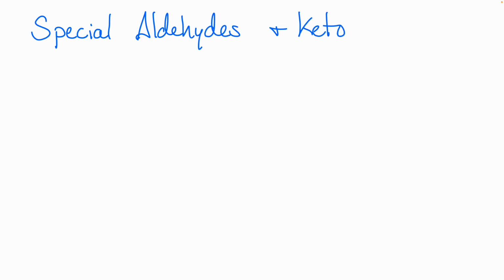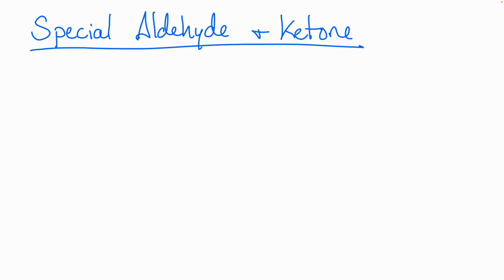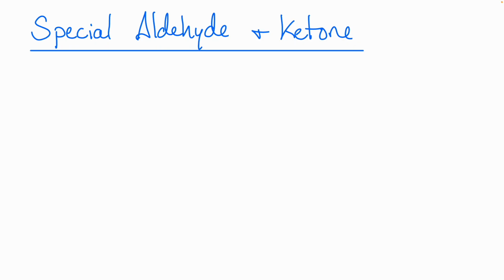Just to note, we have our special aldehyde and ketone, one of each. This just goes in our nomenclature section here. There are one aldehyde and one ketone that were just so famous before the IUPAC system came about that they have their own common name that doesn't follow the same logic of our systematic IUPAC names. One of them would be this one here.